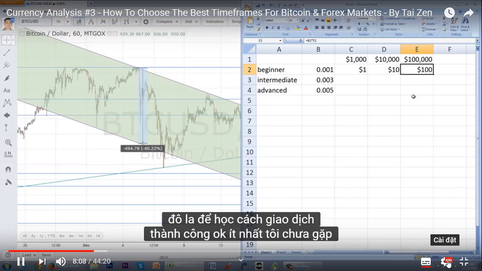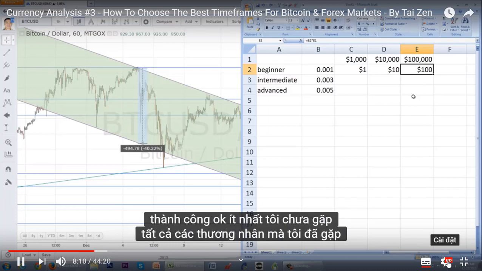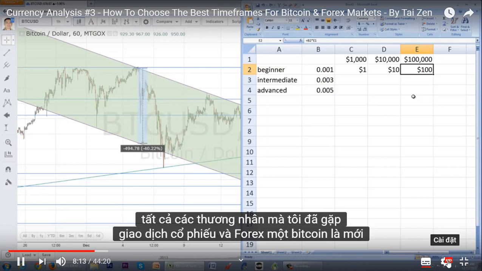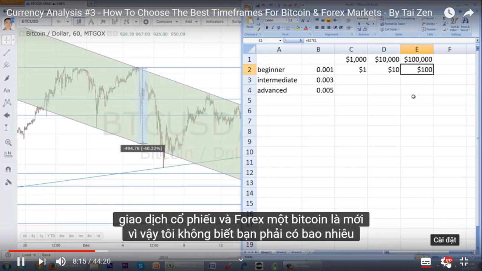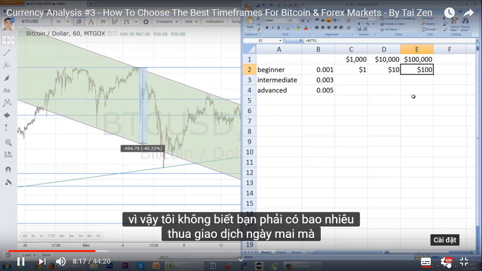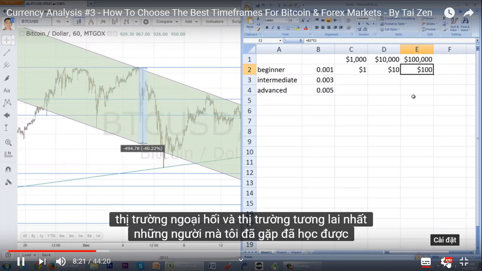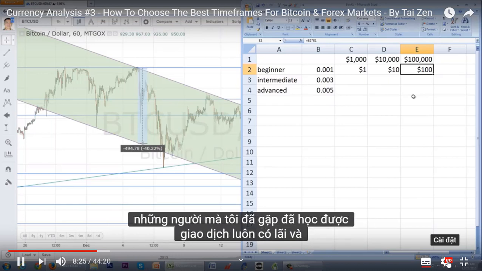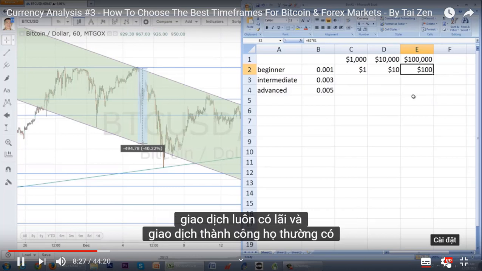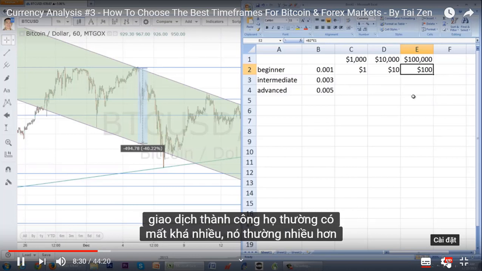At least I haven't met any of the traders that I have met that trade stocks and Forex. Bitcoin is new, so I don't know how much you have to lose to learn how to trade that. But in stocks, Forex, and futures markets, most people that I've met that have learned to trade consistently profitable and successfully have usually lost quite a bit.